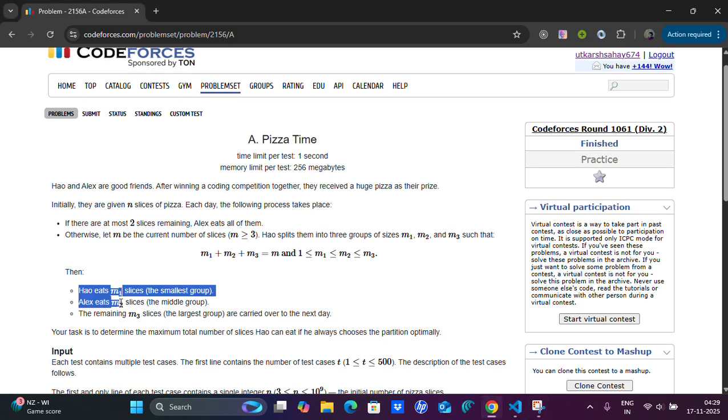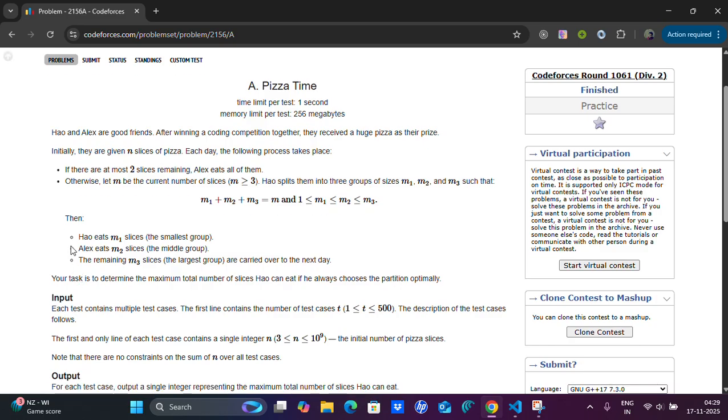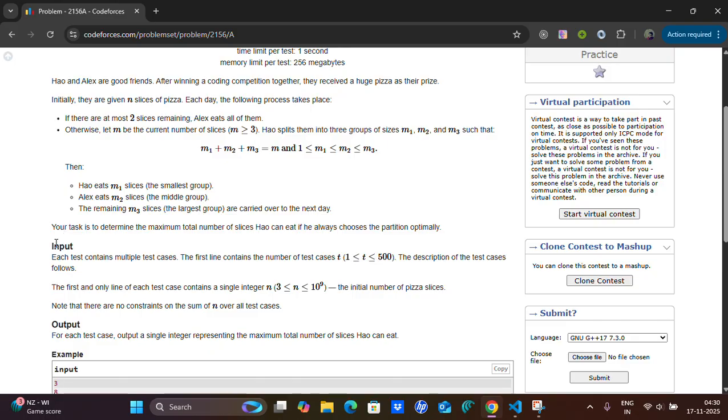Then Howard eats m1 slices, the smallest group, and Alex eats m2 slices, the middle group, and the remaining m3 slices, the largest group, are carried over to the next day. Our task is to determine the maximum total number of slices Howard can eat if he always chooses the partition optimally.